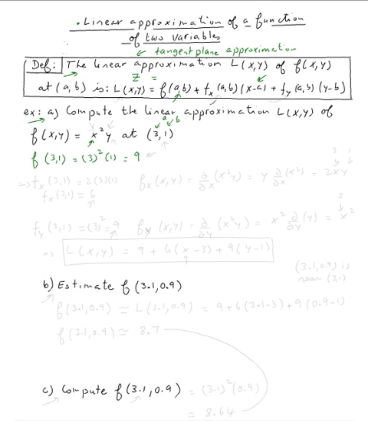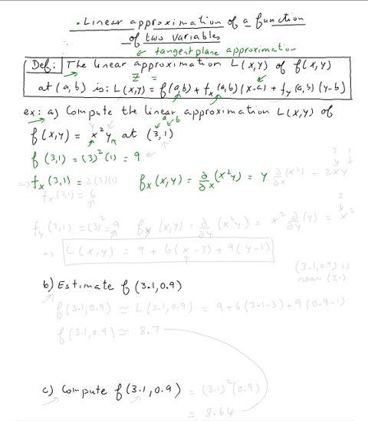Now next thing, I need the partial derivative with respect to x at (3,1). So I need to find first fx of 3,1. Well, before I find that one, I need to find the partial with respect to x of any x,y. That's the partial with respect to x of our function.